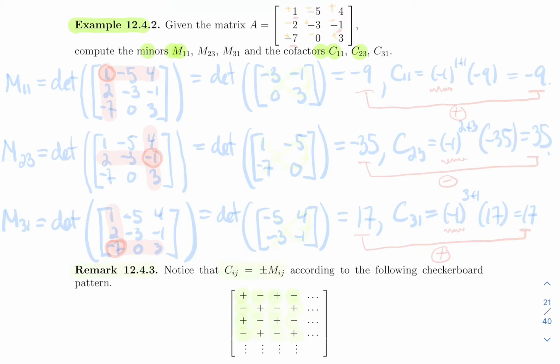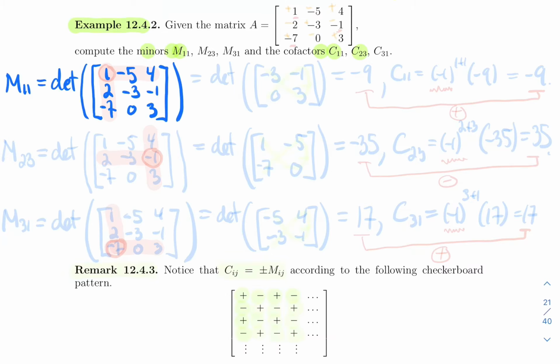So if you are computing M11, what you have to do here is create the determinant of the submatrix. Here I'm going to write it the long way so that you can see it. So if I write the full matrix first, you don't have to write the full matrix, but just to show where it comes from.